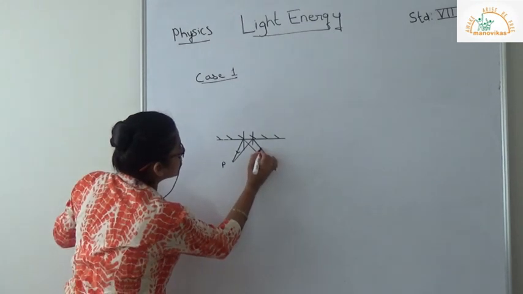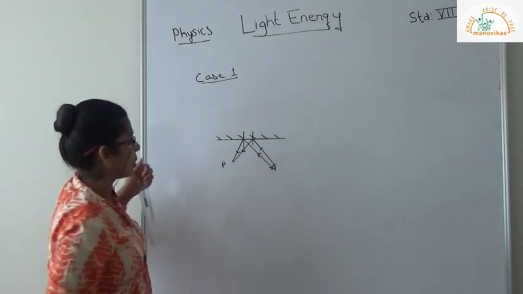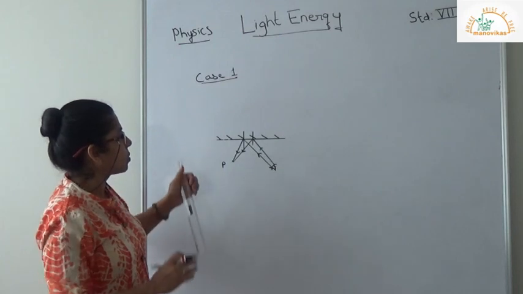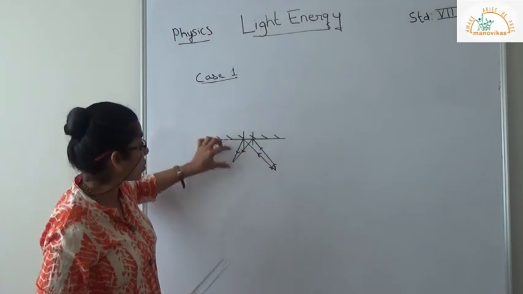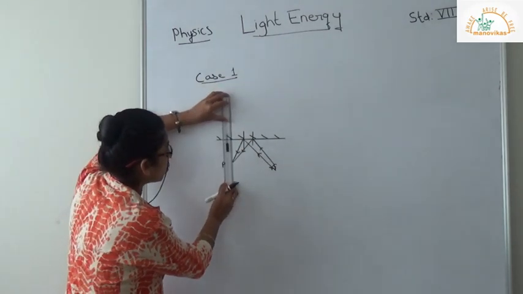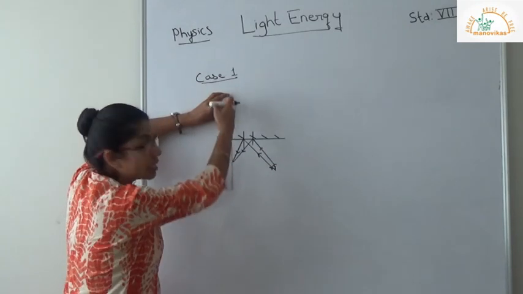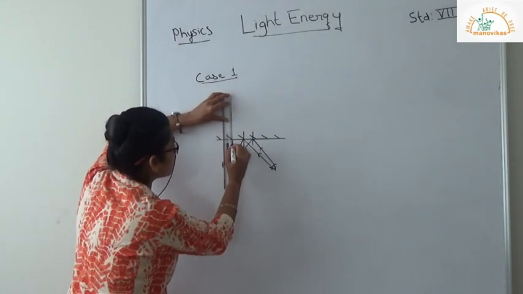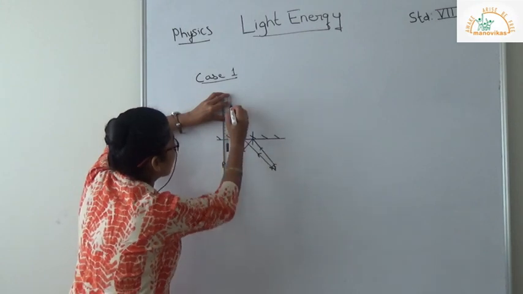Correct? Now I have to produce these in order for the image to be formed. The image will be formed somewhere along this plane. So I am just going to show dotted lines.